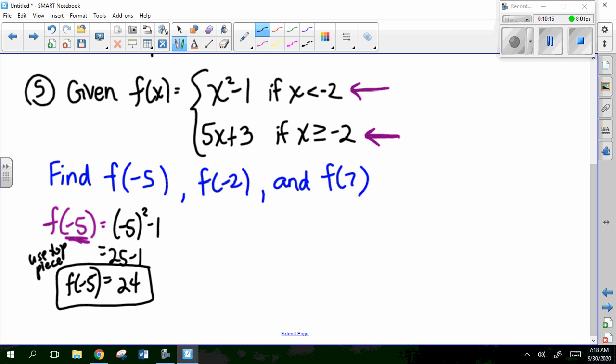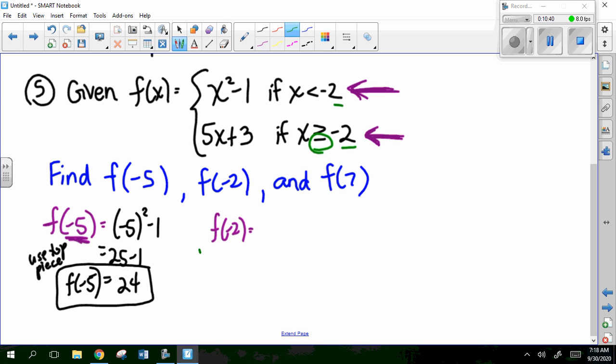If I ask you for f of -2, that means I'm looking for the piece where I'm allowed to plug in -2. Well, -2 is a number in both, but the second one's the only one that has the equals on it.